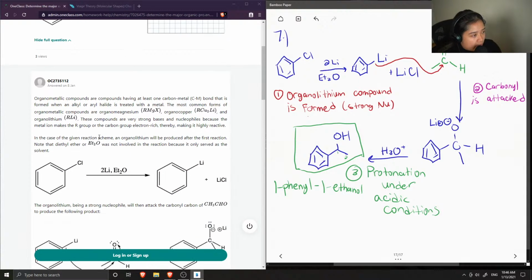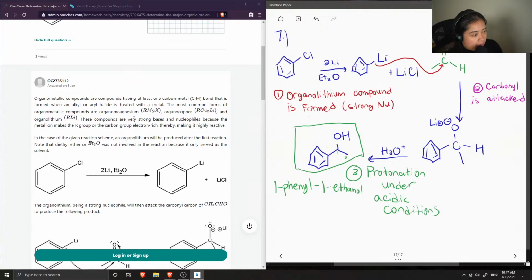Organometallic compounds are compounds having at least one carbon metal bond that is formed when an alkyl or aryl halide is treated with a metal. The most common forms of organometallic compounds are organomagnesium, organocopper, and organolithium.